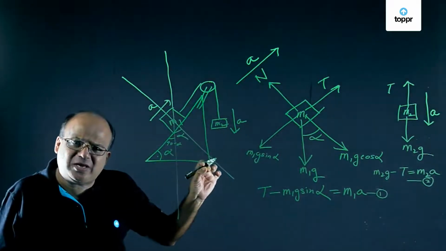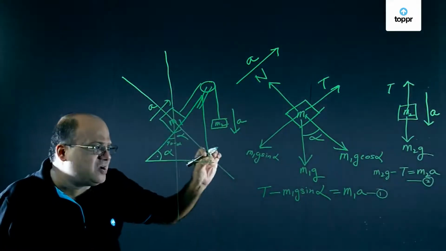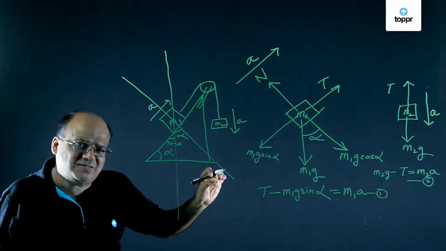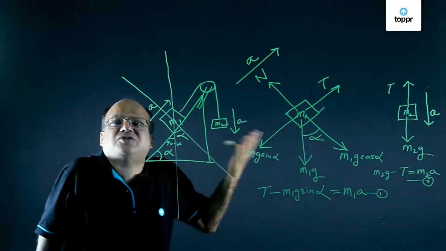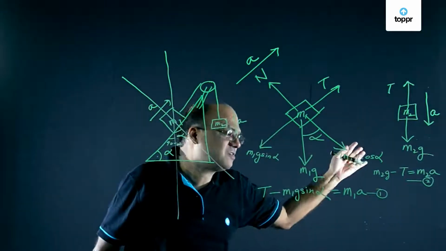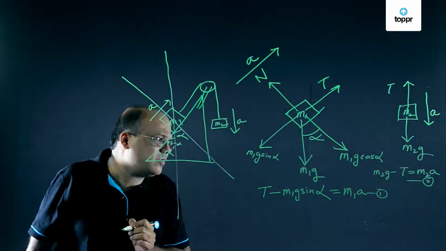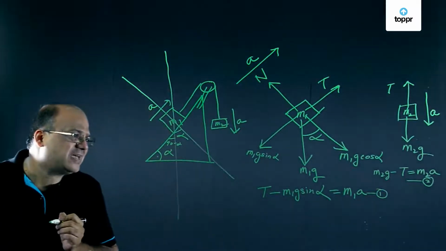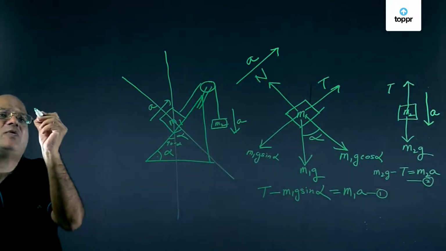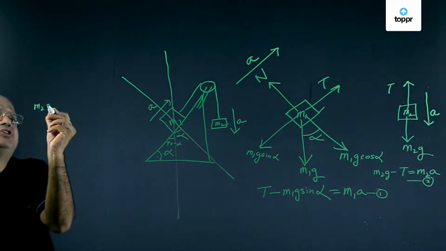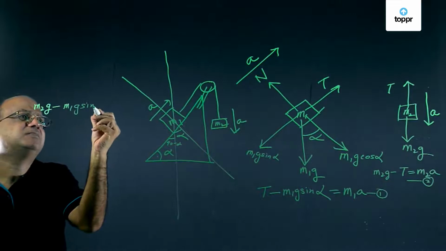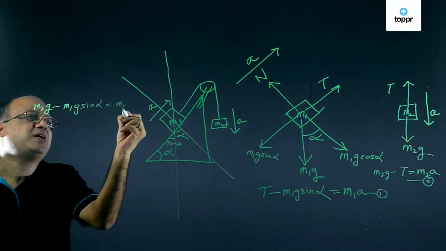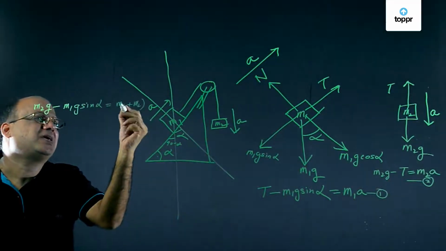And as I told you earlier, whenever we get correct equations, in most cases, if we add the equations, tension cancels out. Tension vanishes. So let's add equation 1 and 2. You will see that tension will get killed. So what equation are you left with? m2g minus m1g sine alpha equal to (m1 plus m2) into a.